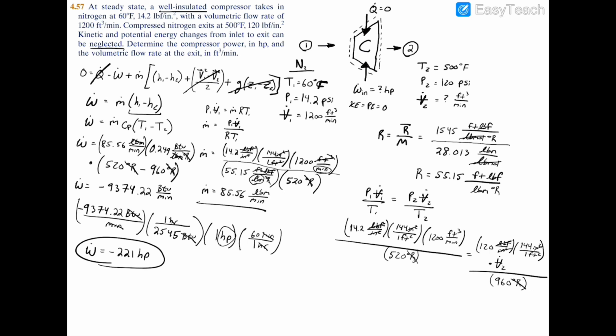And then your feet squared and your feet squared will cancel out. And you're going to be left with this unit here of feet cubed per minute. So we know we did that correctly. Now, if you actually numerically plug this into your calculator, you'll have that V2 equals 262.15, and of course in cubic feet per minute.